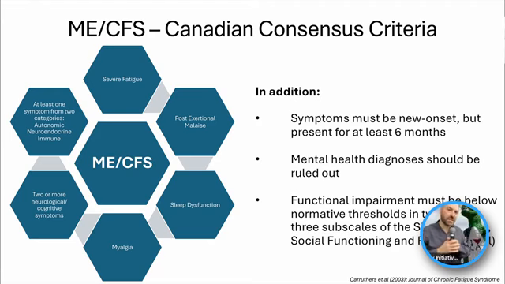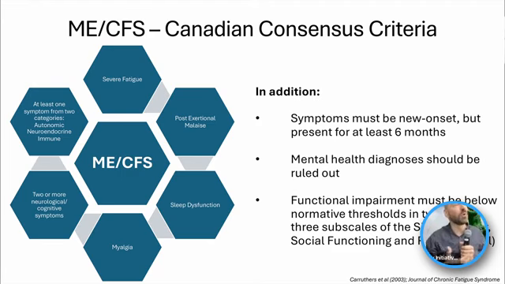Finally, ME/CFS diagnoses. There are different criteria out there for diagnosing ME/CFS. Our team uses the Canadian consensus criteria. And so when we're making a diagnosis of ME/CFS, what we're looking for is any one of these symptoms that are being named along the continuum here.